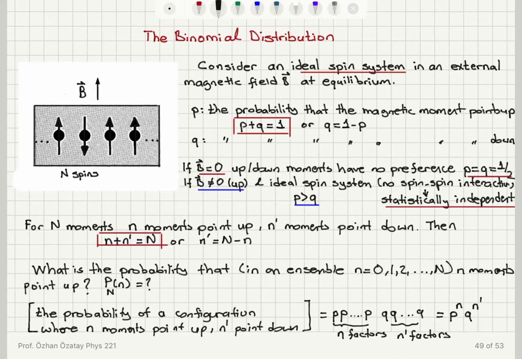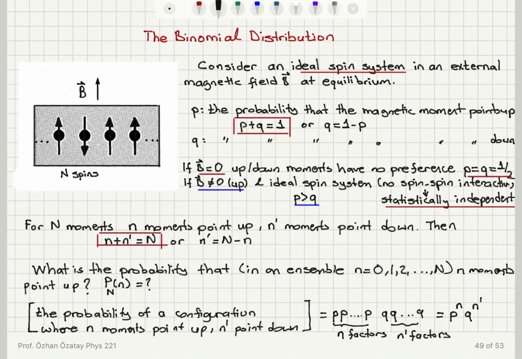And I recall that since I have no spin-spin interactions, these spins are statistically independent. So if one is up, it has no influence on the second one being up or down. For capital N moments, I said lowercase n moments pointing up, lowercase n prime moments pointing down, so that the total number of moments, capital N, is n plus n prime.